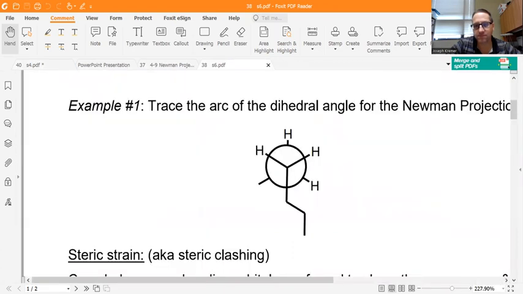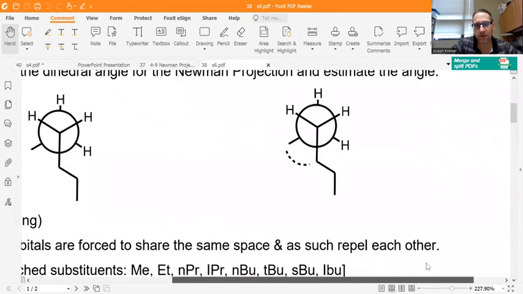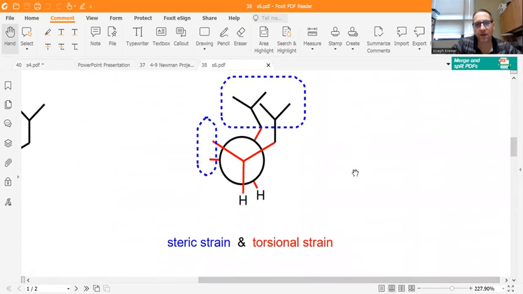Color-coded. I made this myself. So see the blue? That's sterics for you. You're looking at a totally eclipsed conformation. You see the red? That's torsion, torsional strain, torsional destabilization.